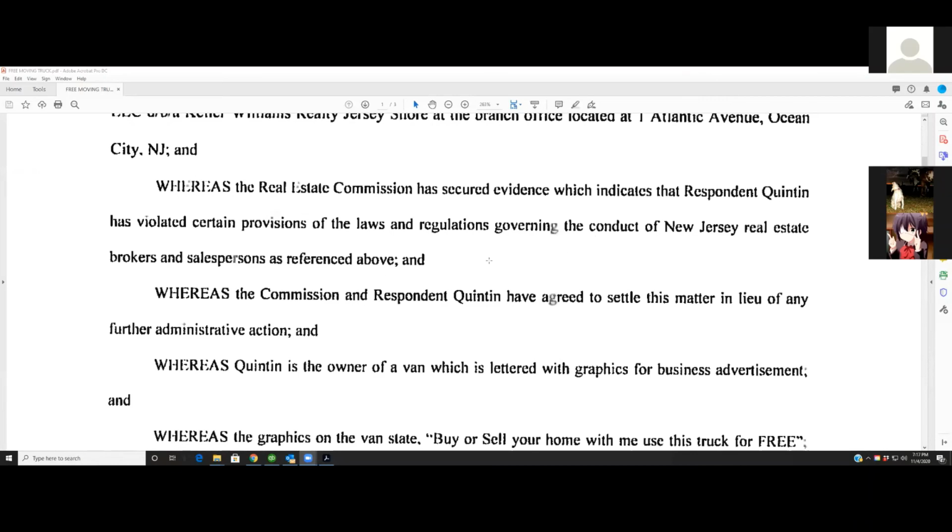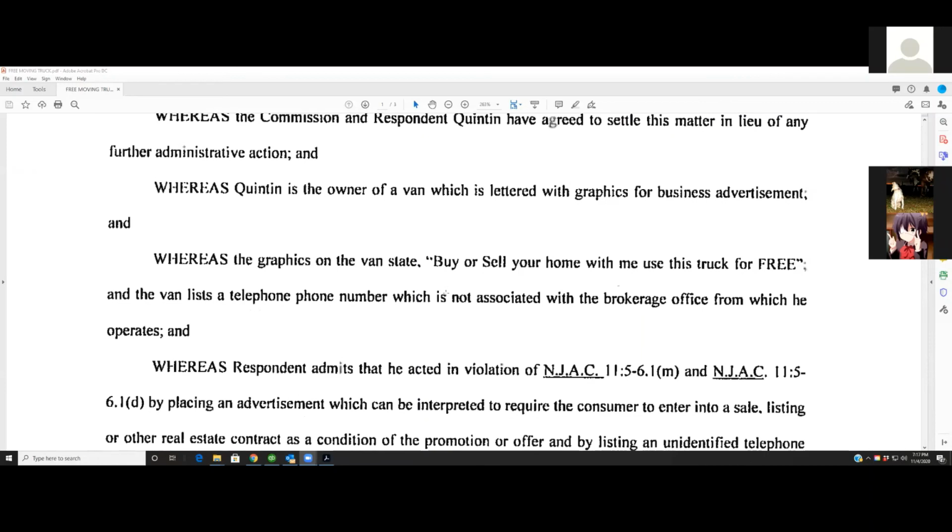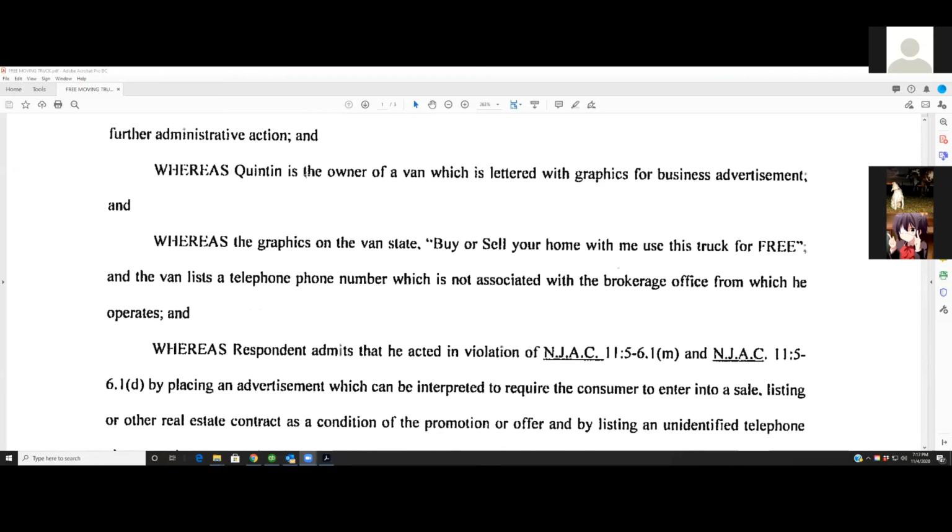Quinton is the owner of a van, which is lettered with graphics for business advertisement, and the graphics on the van say, buy or sell your home with me and use this truck for free. So it's not really illegal to do it, but the van lists a telephone number which is not associated with the broker's office.